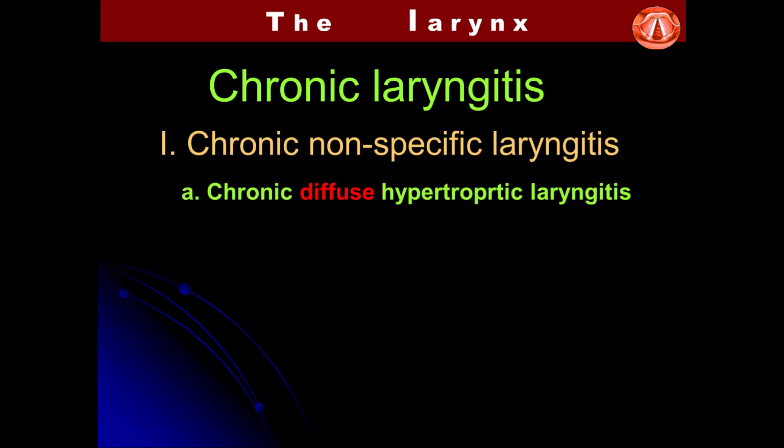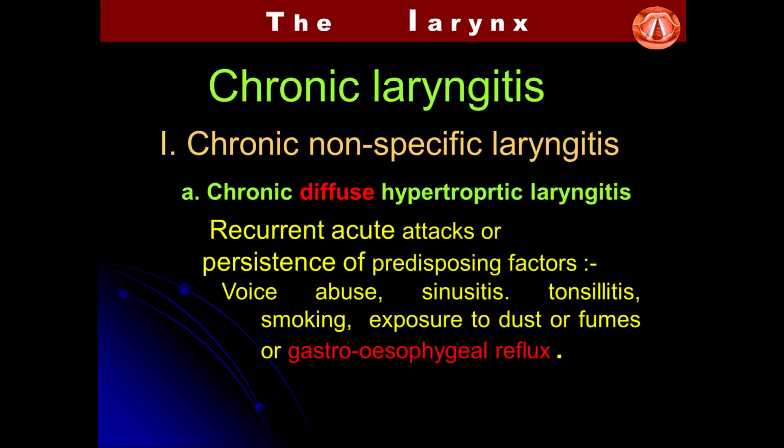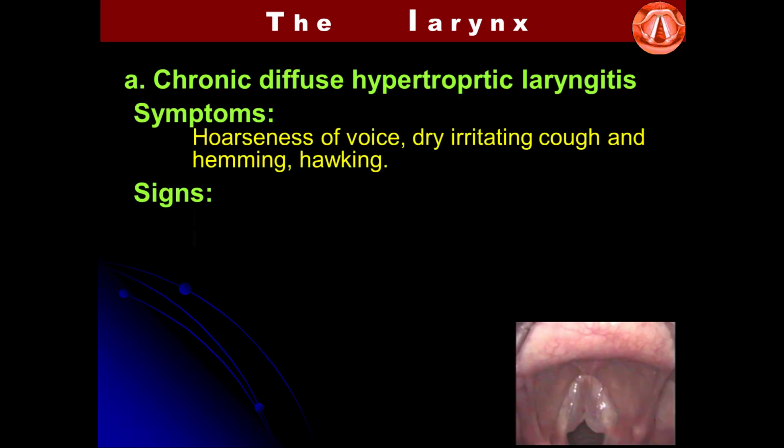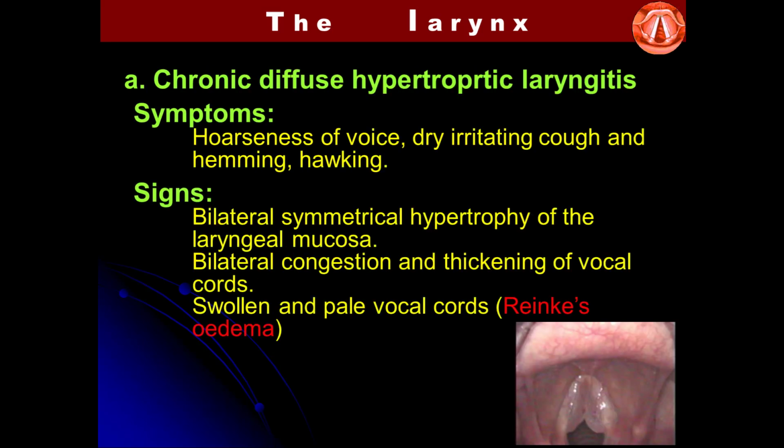In chronic diffuse hypertrophic laryngitis, there is usually a persistent predisposing factor like voice abuse, sinusitis, tonsillitis, smoking, or reflux. The patient usually has hoarseness of voice, dry irritating cough, hemming, and hawking.